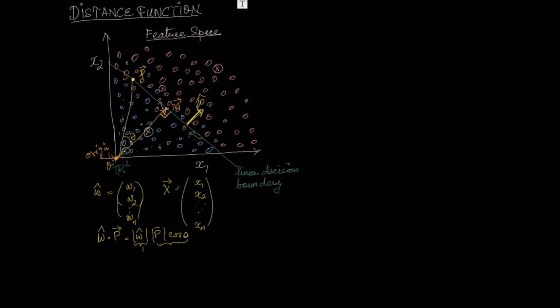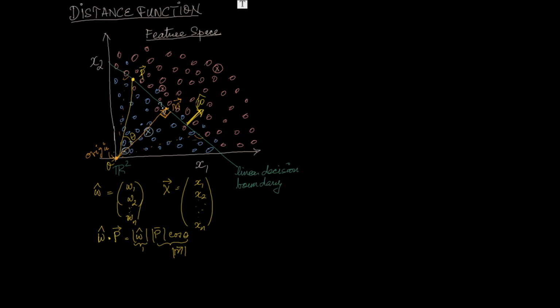And so this thing is nothing but the size of M, the M vector. Right? And therefore we can say that when you take the dot product of a point on the line with the unit vector, what you essentially get is a measure which is exactly the same as the distance of that line or that hyperplane from the origin, which I will mark as the size of M.